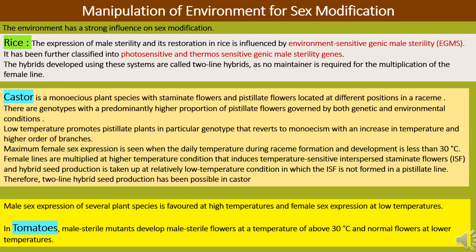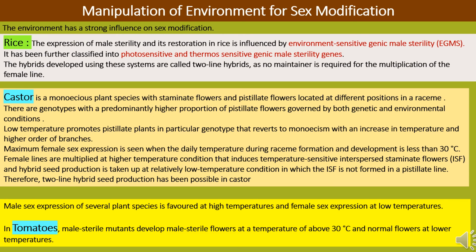As far as genetics is concerned, the manipulation of environment for sex modification is applied in seed production, and the environment has a strong influence on sex modification. In case of rice, the expression of male sterility and its restoration is influenced by environment sensitive genetic male sterility (EGMS), and it has been further classified into photosensitive and thermosensitive genetic male sterility genes.